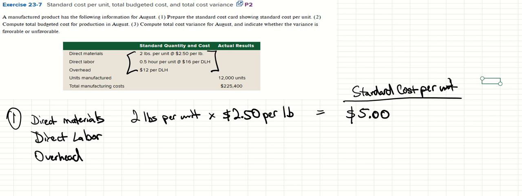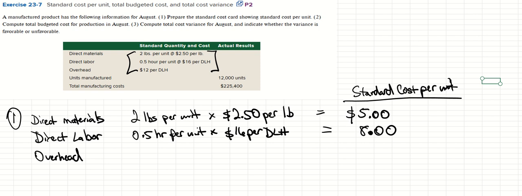Now for direct labor, they give us 0.5 hour per unit at $16 per direct labor hour. So that's 0.5, and that's going to be multiplied by $16 per direct labor hour. And that's going to give us $8.